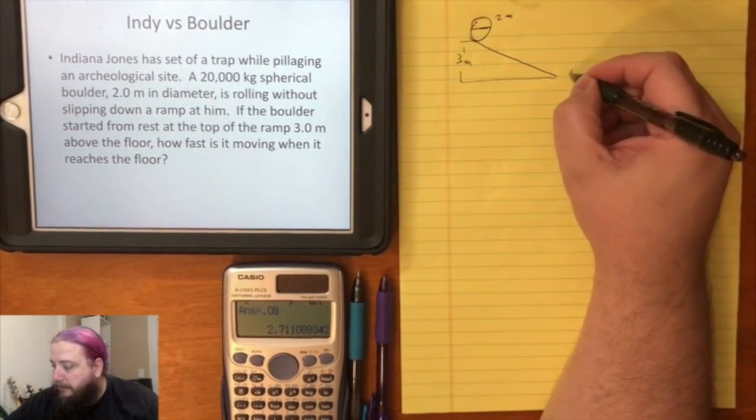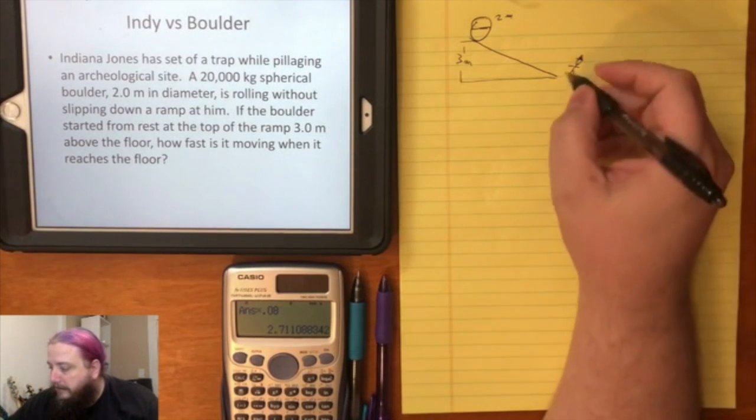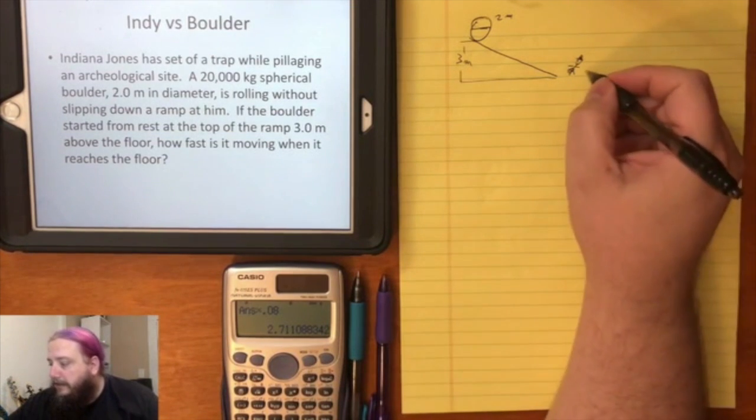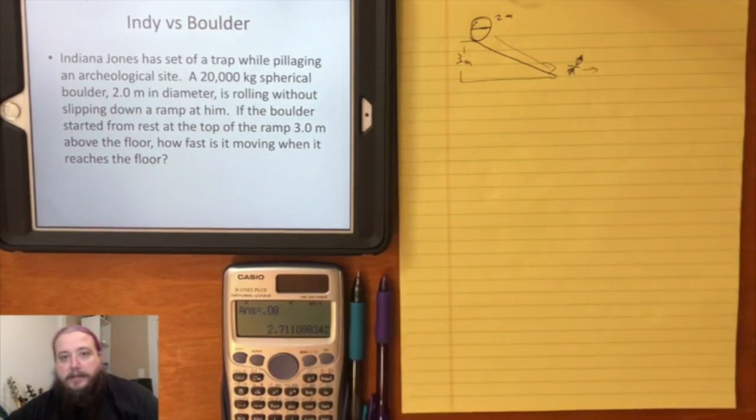And here's poor Indiana Jones, you know, with his fedora hat and his whip. He's running this way, and the boulder is going to come chasing him down like so.